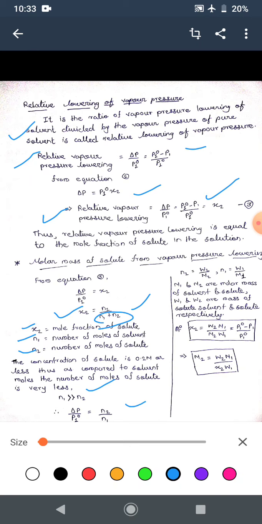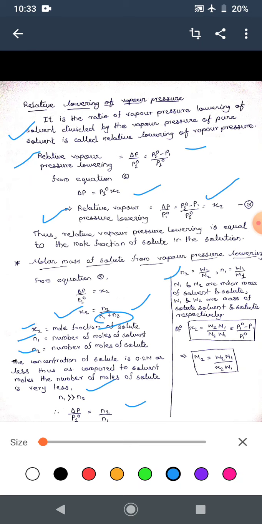We want the formula for molar mass. Now, N2 is the number of moles of the solute, and N2 is equal to W2 upon M2, where W2 is the mass of the solute and M2 is the molar mass of the solute.